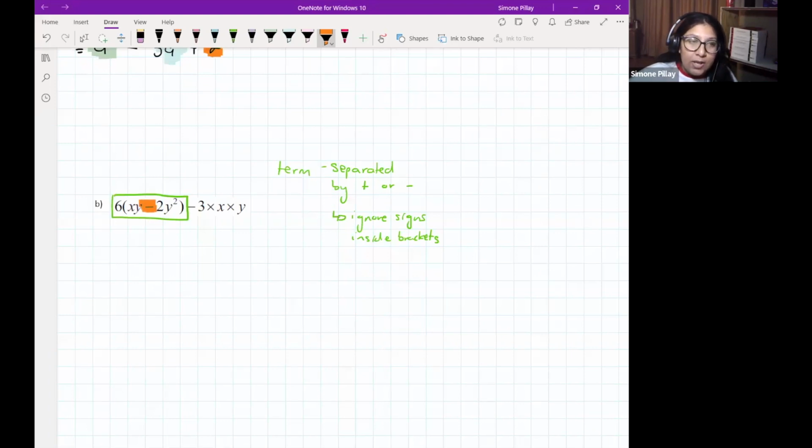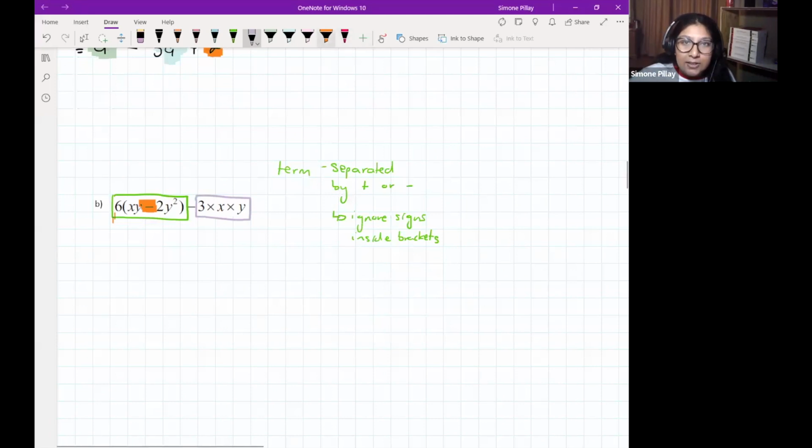And so then we have 6 and we have a bracket. Are they separated by plus or minuses? No, they are not. So this whole green thing is one term. My next term is 3 times x times y. Why is that not 3 different terms?